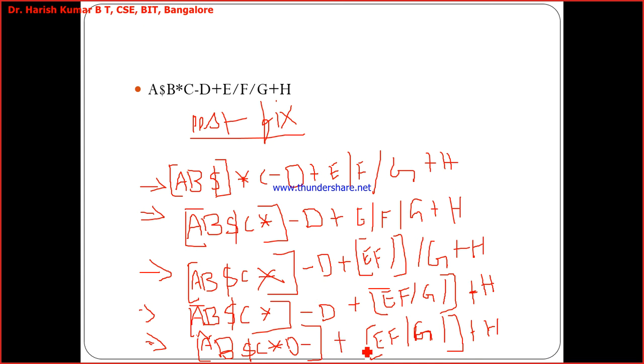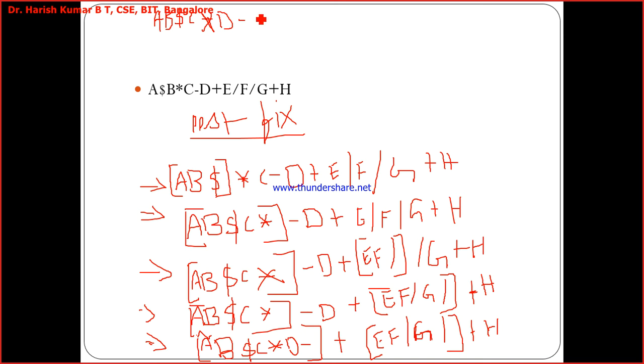Okay. Next this plus. For this plus, this is one operand and this is another operand. Now I'll write A, B, dollar, C, star, D, minus.